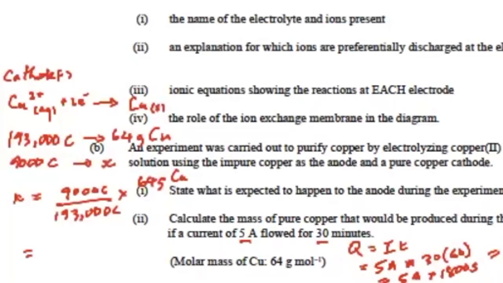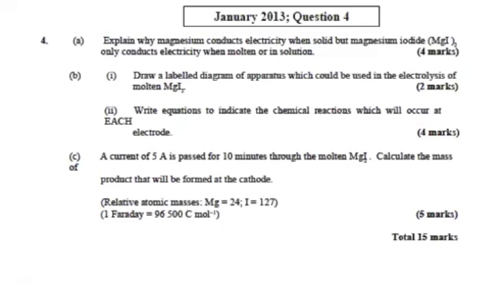And when we do that, we'll end up with 2.98 grams of copper. And that would give us 15 marks. So another 15 marks. So this is January 2013, question 4.